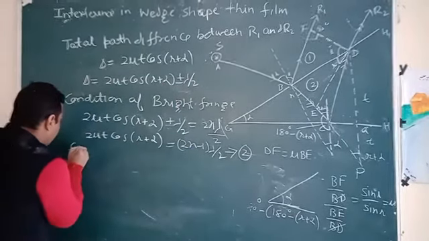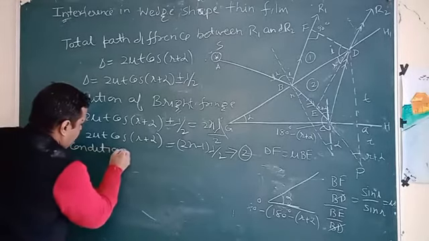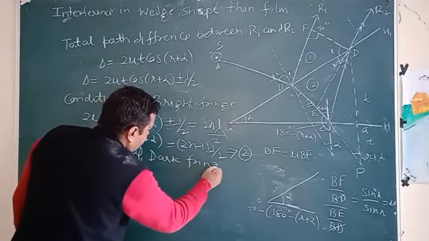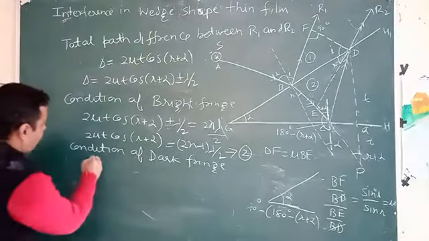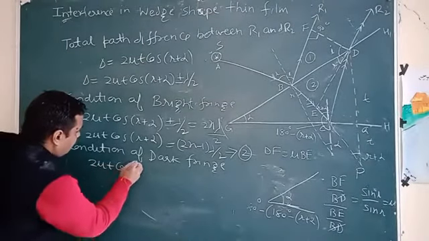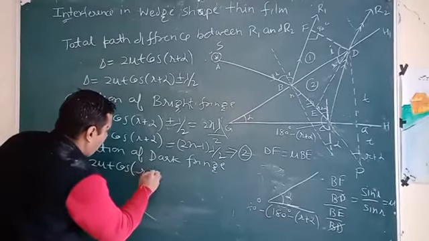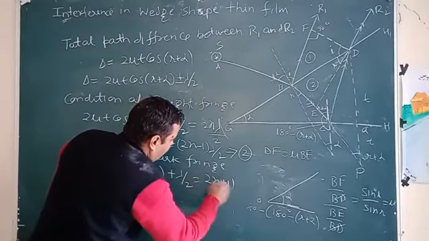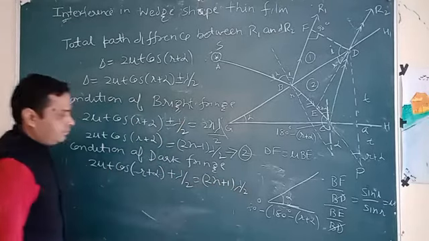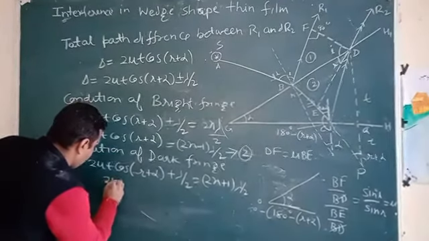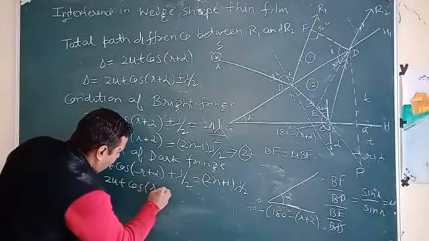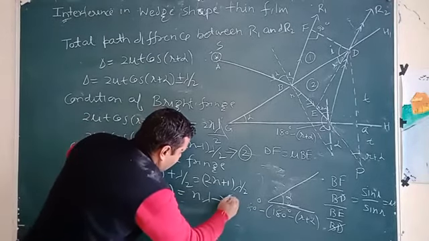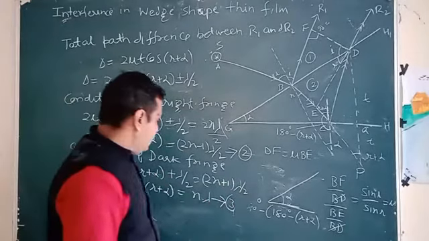Now the same for the condition of dark fringe. The condition of dark fringe is that the path difference is an odd multiple of lambda by 2, that is (2n plus 1) lambda by 2. Then 2 mu t cos(R plus alpha) is equal to n lambda. This is the condition of dark fringe.